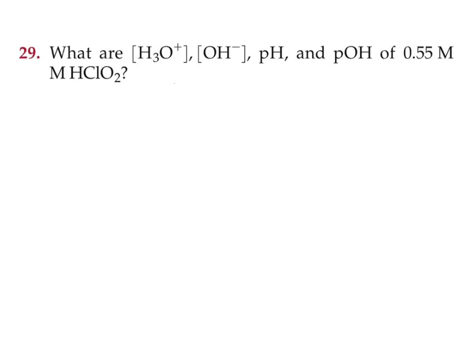For 29, you're supposed to come up with, kind of like you did your homework, the hydrogen ion concentration or the hydronium cation, same thing, the hydroxide ion, the pH, and the pOH of this weak acid. So I guess my hint is going to start out something like this. If somebody tells me this is a weak acid, I'm going to go ahead and knock out its equilibrium.